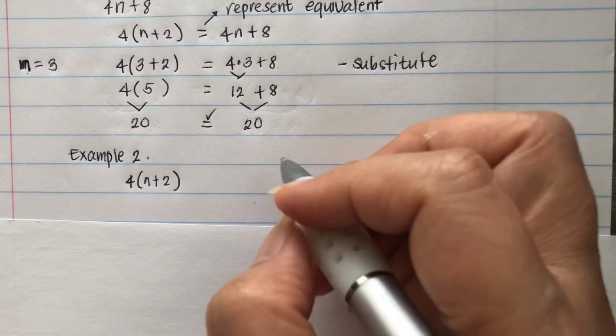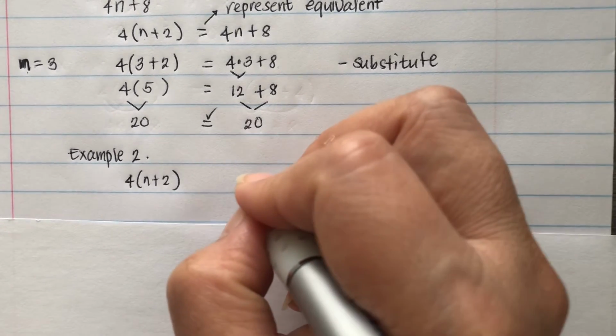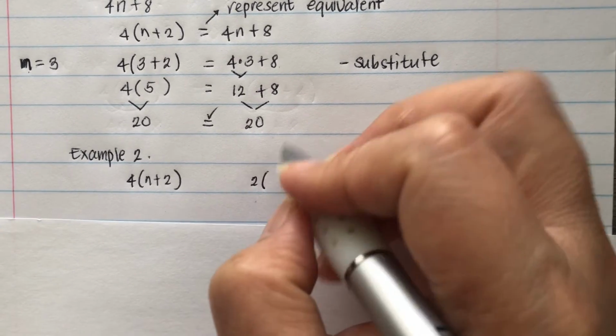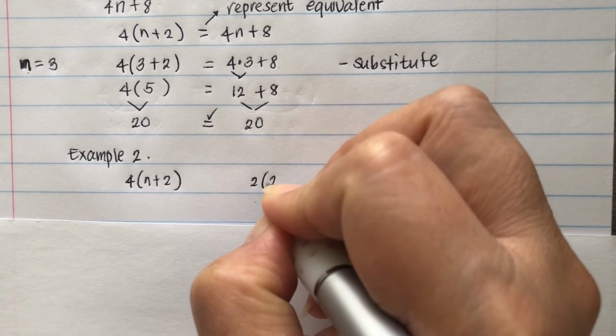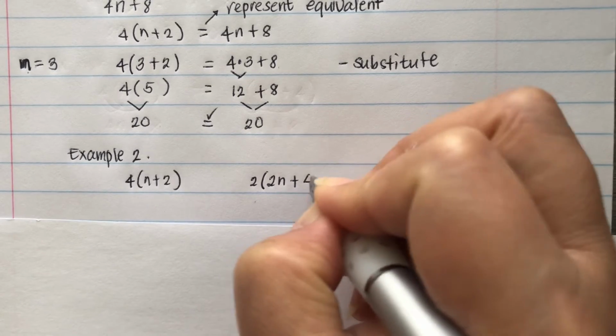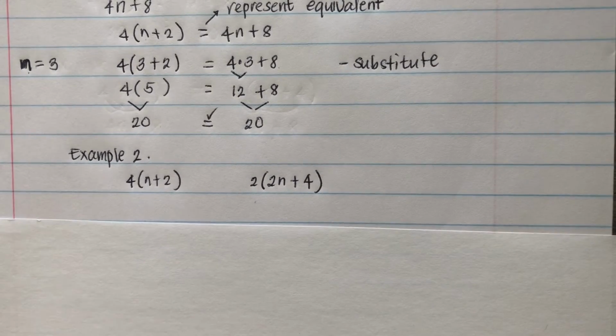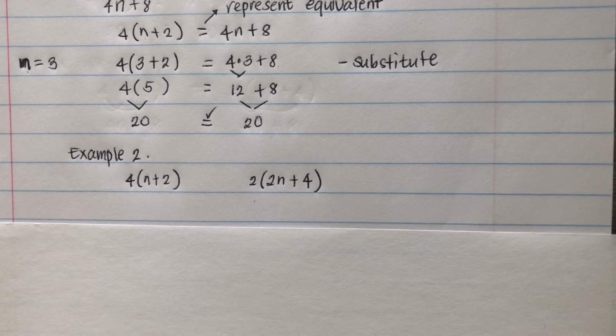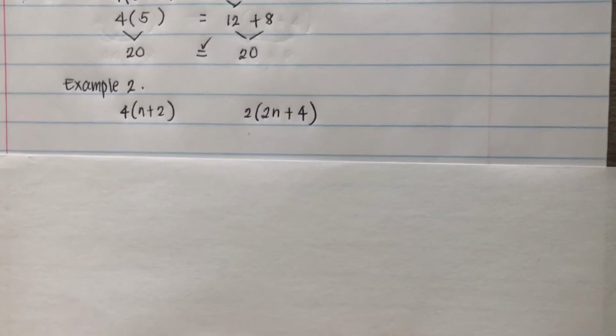So I want to see if it is equivalent to 2 times quantity 2n plus 4. It looks different, but we will see if they have the same value.